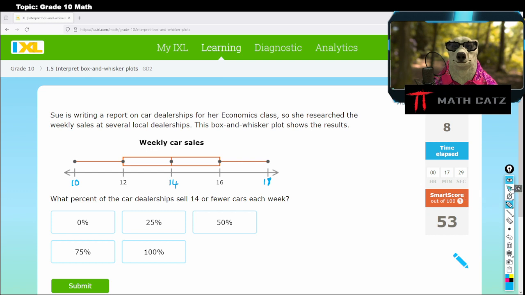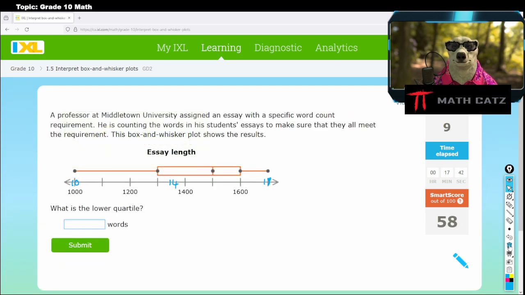So that is 50%, because that is exactly in the middle. That's halfway. That's that little line in the box, our median. Let's submit that. Brilliant.